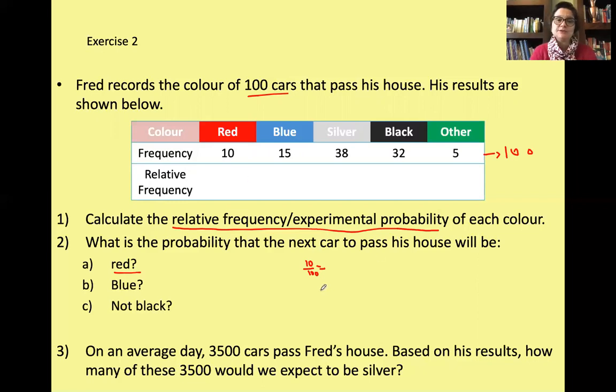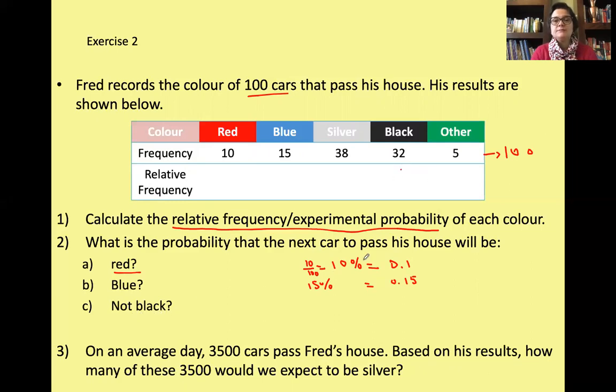That's what Fred recorded. So it is 10%, or expressed as a decimal number, the answer is going to be 0.1. For a blue car, as you see, 15% chance, or 0.15. Not black.